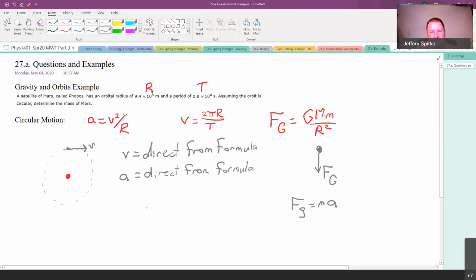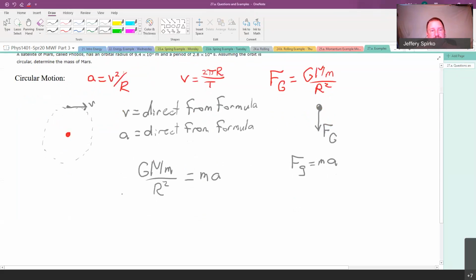And that means that G capital M lowercase m over R squared is equal to mass times V squared over R. Because we can plug in this A using the number we get from V. And we'll have the A as a number, so we might as well just put it in as itself instead of as a formula. Why make the formula more complicated if we have a number? And then the lowercase m's cancel.